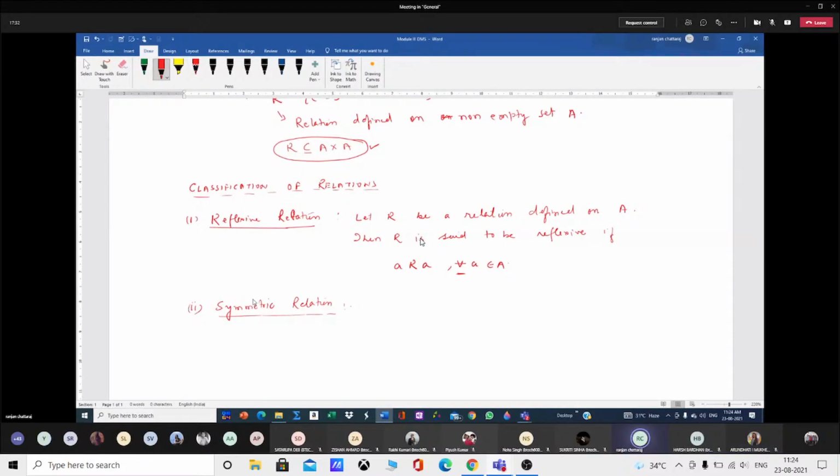Yes, so how do you define that? For every relation (a, b), there exists a relation (b, a). Here we also use another quantifier, there exists. So how to define this? Same thing: let R be a relation on A.